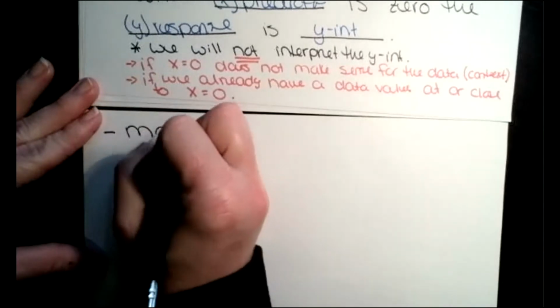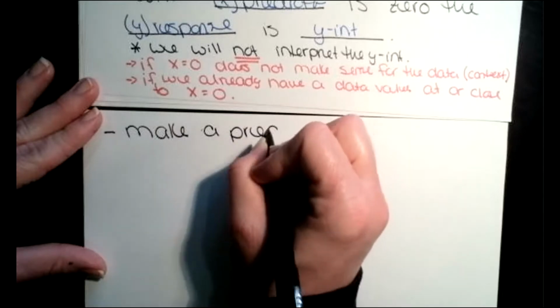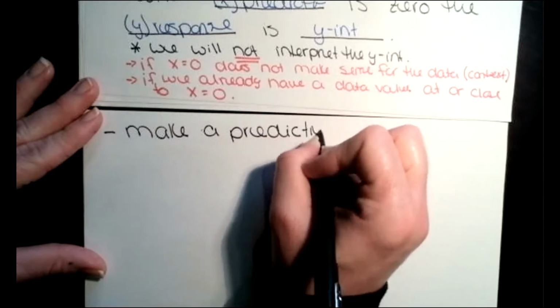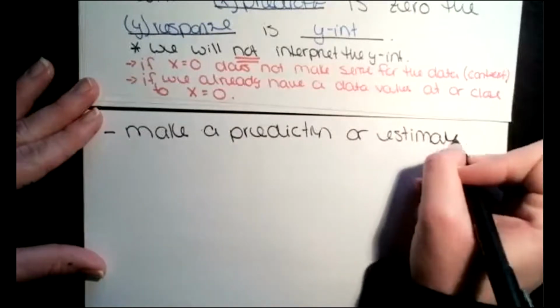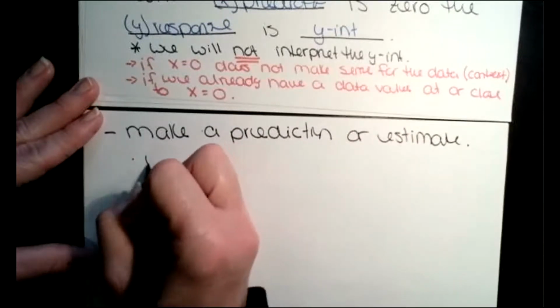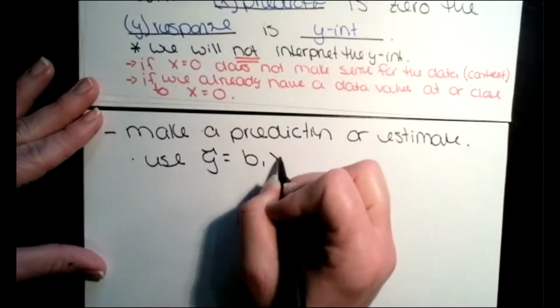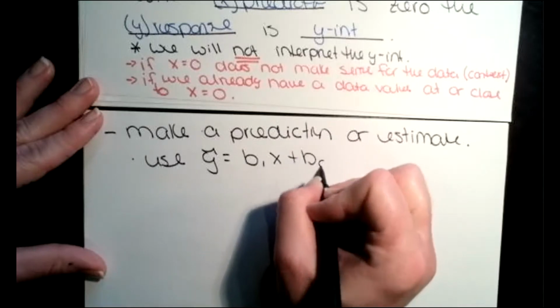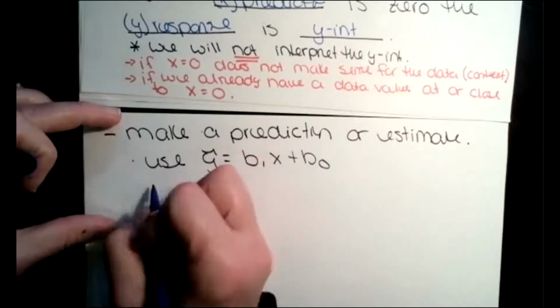So we just call this make a prediction, or estimate. We're going to use that y hat equals b1 x plus b naught, and Minitab will do this for us.